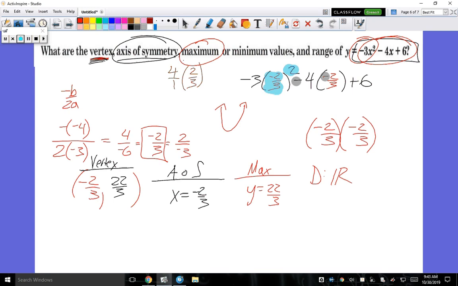We'll finish it off. Jordan, what is the range? Yes. Nice job, Catherine. Okay, so as far as showing this in interval notation, Jordan, what's interval notation for this range?